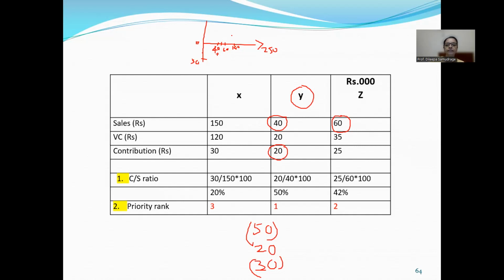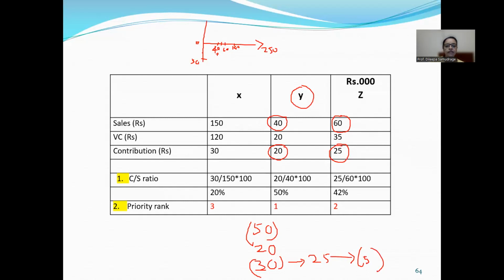Yes. 5,000 loss. So now you know you have a loss of 30,000, right? This loss you can cover by this contribution, its contribution. Once you cover this loss by this contribution, you still have a loss of 5,000, right?